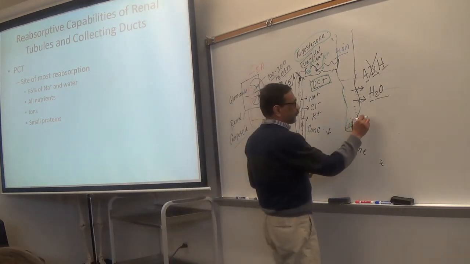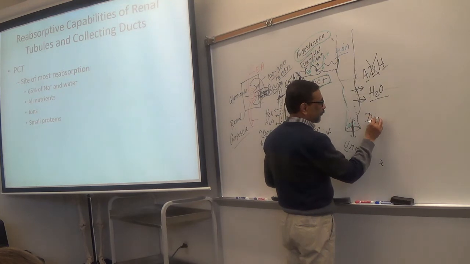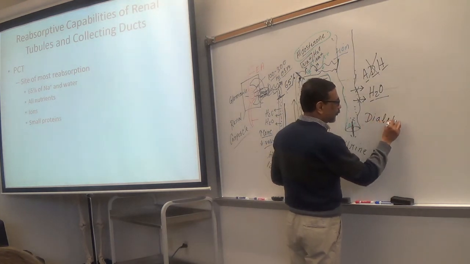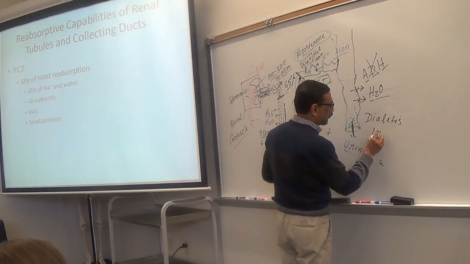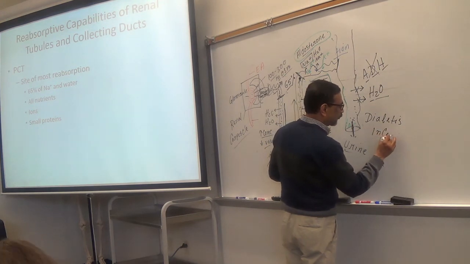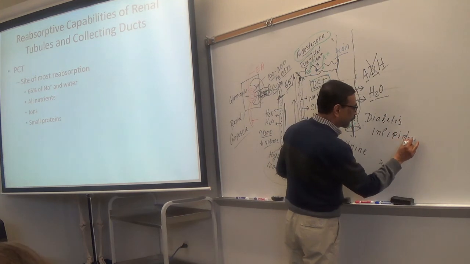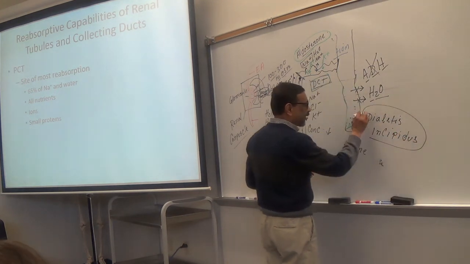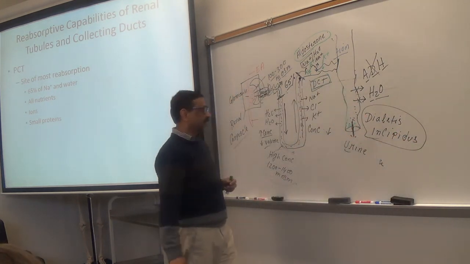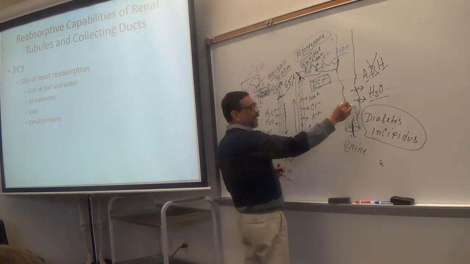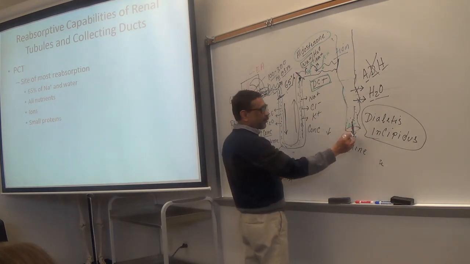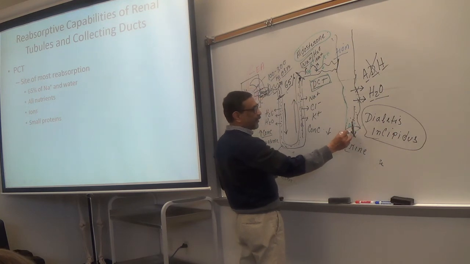Diabetes insipidus is a clinical condition in which the patient produces a lot of urine.